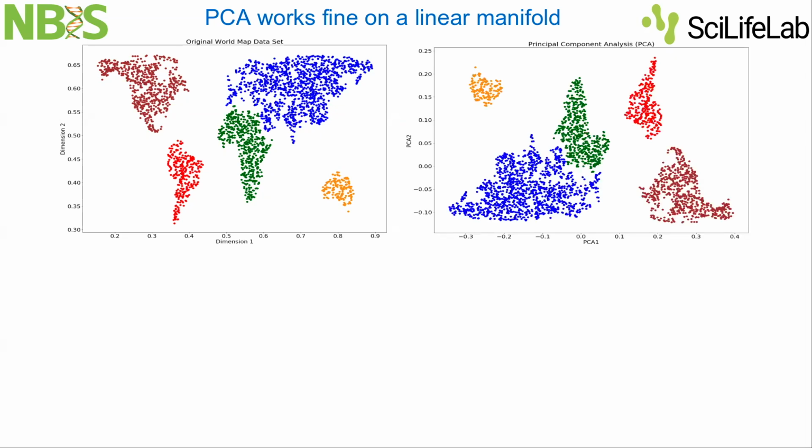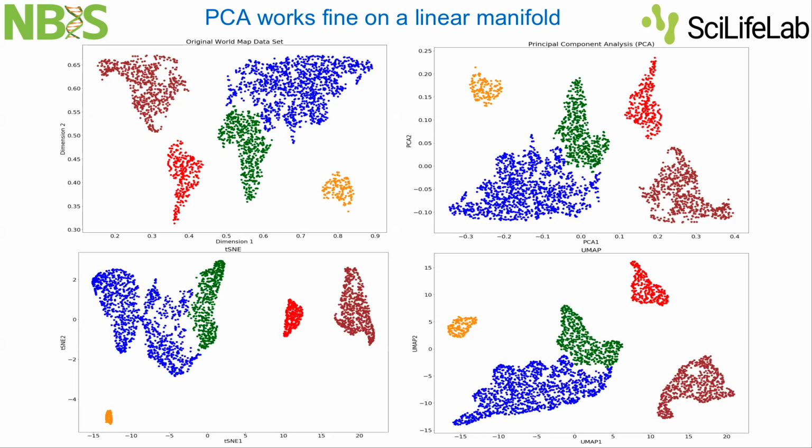PCA does a great job, so it basically reproduces the original ground truth, while TSNE and UMAP distort the distances between the continents. You can say, well, why do we need these nonlinear dimensionality reduction techniques such as TSNE and UMAP if PCA does a great job? Well, it does a great job here for this particular data set because it was like a linear sheet, a world map.